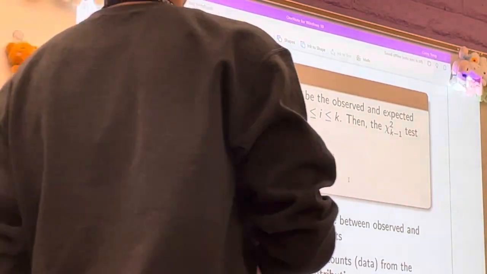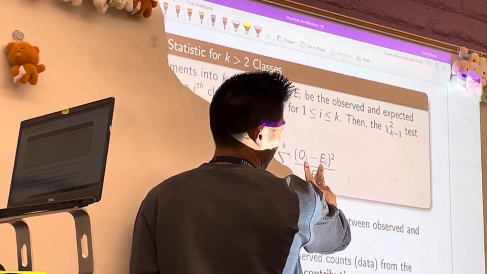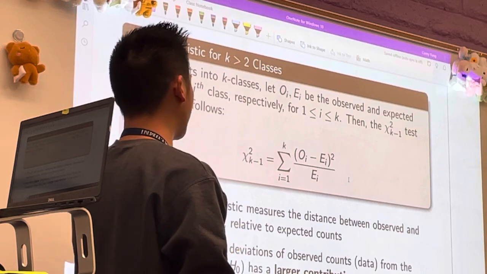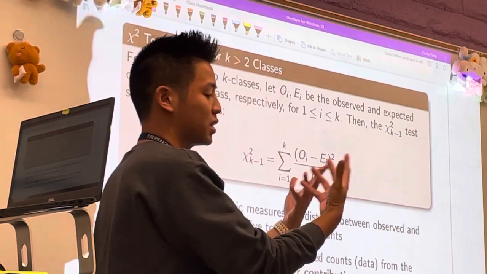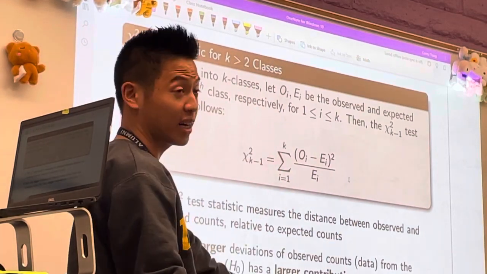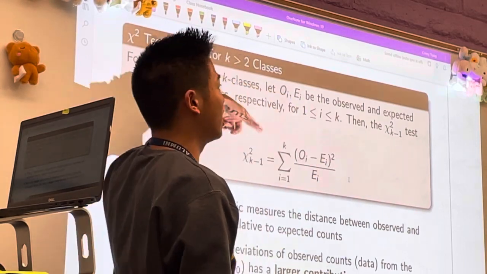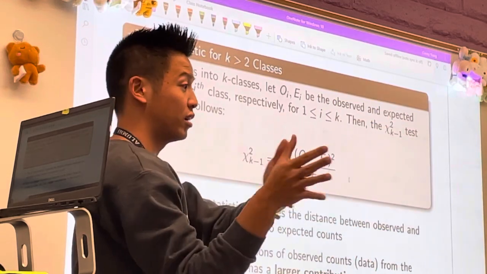In the numerator, I have observed counts minus expected counts. The observed counts are just what we get from the data. So observed counts is the data, how many observations actually fell into these classes. And then the expected counts are just what we had in the previous slide with the boxes. How many do I expect to fall here, here, there, there?